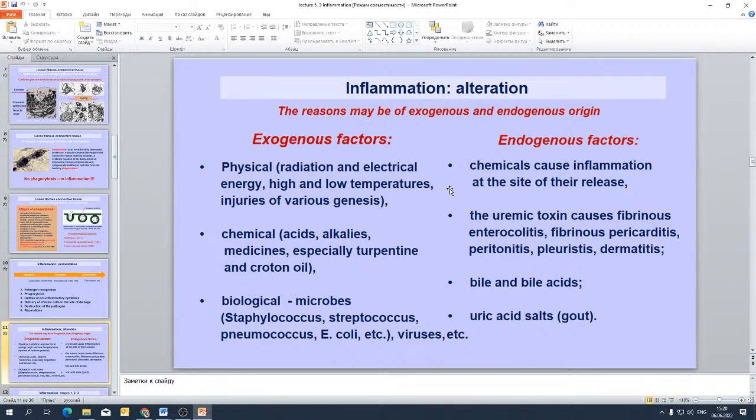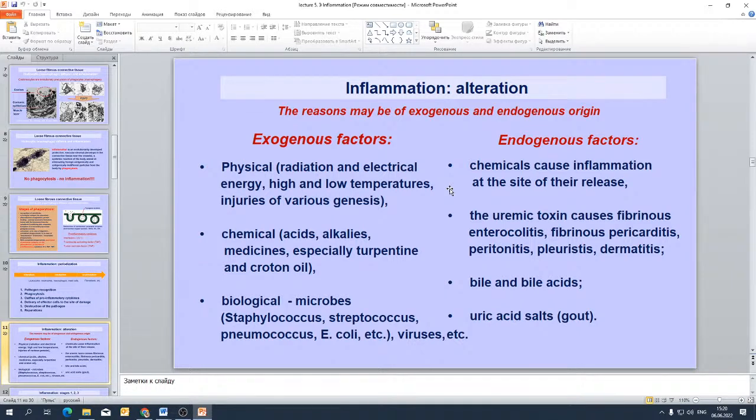Injuries of various genesis: chemical, for example acids, alkali, medicines, especially turpentine and croton oil; and biological, for example microbes such as staphylococcus, streptococcus, pneumococcus, and colibacilli, and viruses.